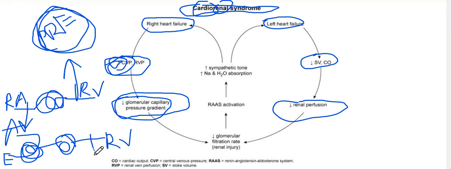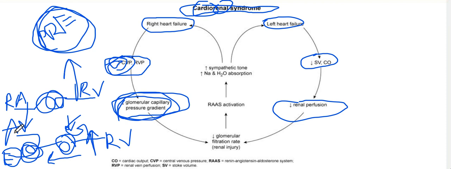So when there is increased renal venous pressure, that actually causes backflow of pressure here. When there is backflow of pressure here, there is increased efferent arteriolar pressure. That will actually cause decreased GFR and also decrease the glomerular capillary pressure gradient, because this is actually increased and this will be decreased.